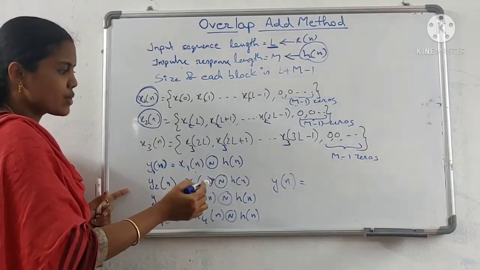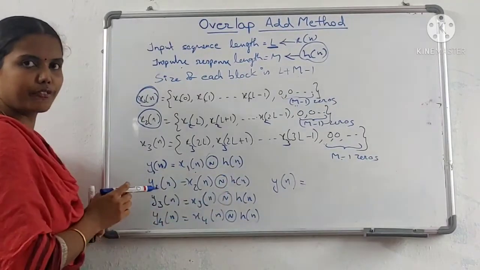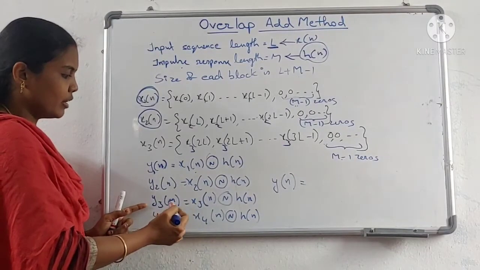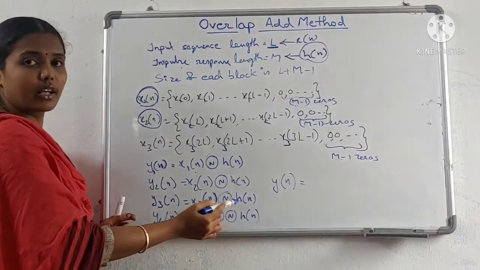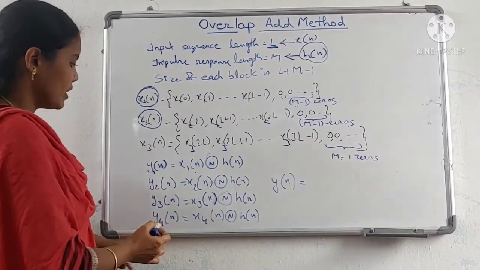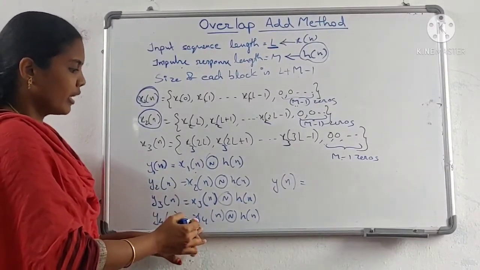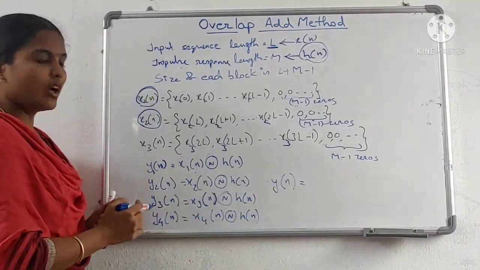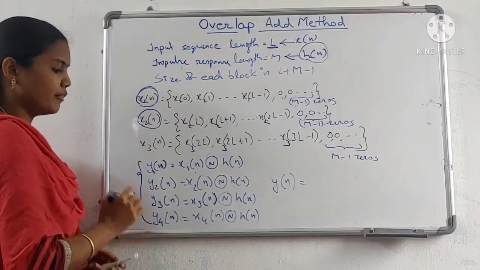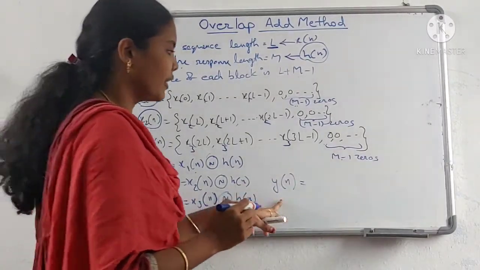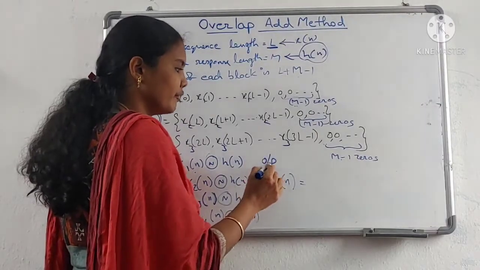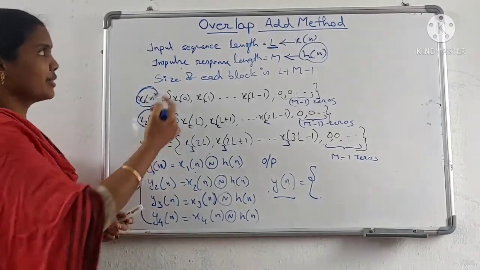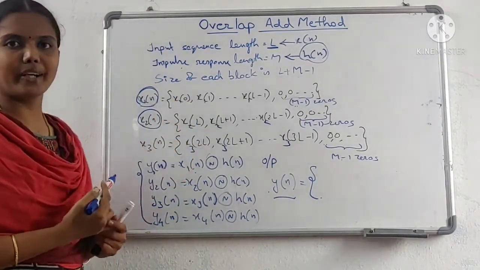Similarly, y2 of n is x2 of n circular convolution with h of n, y3 of n is x3 of n circular convolution with h of n, and y4 of n is x4 of n circular convolution with h of n. After finding y1, y2, y3 and y4, you have to find the total output y of n. This is the procedure of the overlap add method.